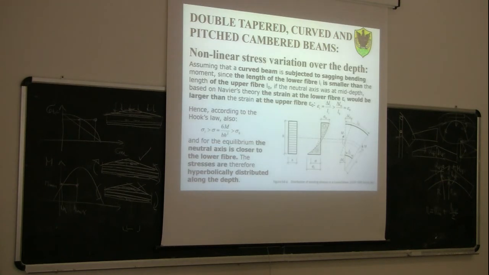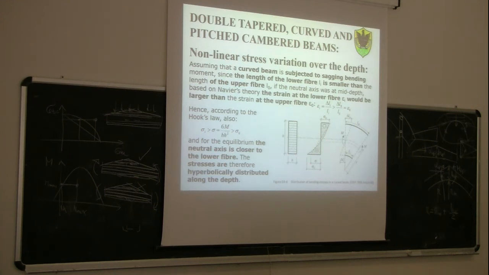So you see, if we were to use only the Navier equation in this problem, you would find that sigma O would be slightly greater using Navier, and the value of sigma I using the Navier equation would be smaller. So the actual sigma I is higher than the value that we calculate with Navier.